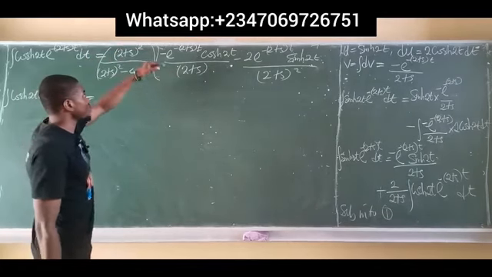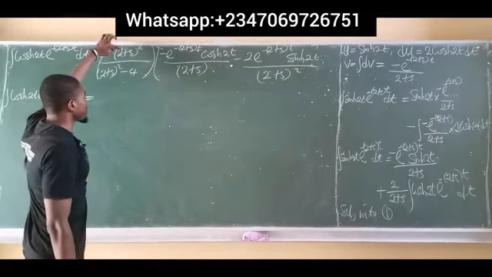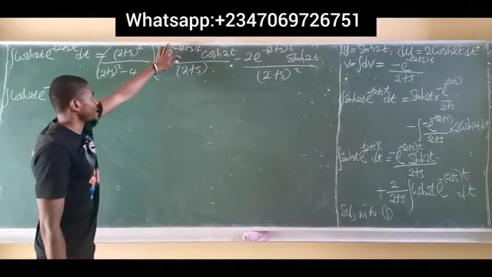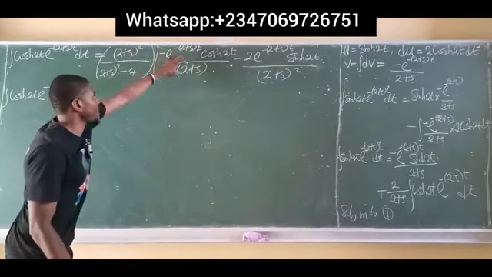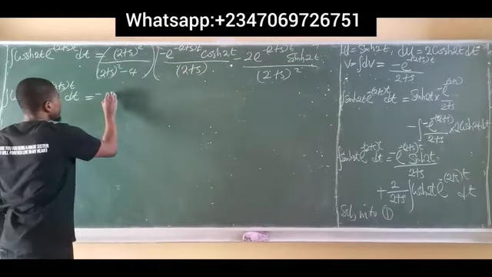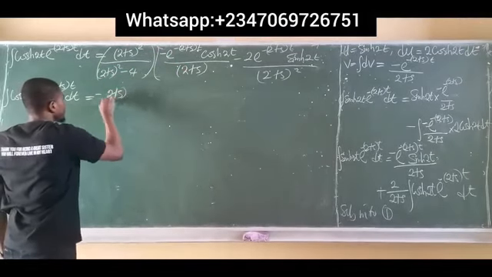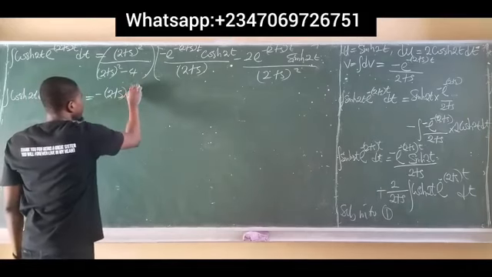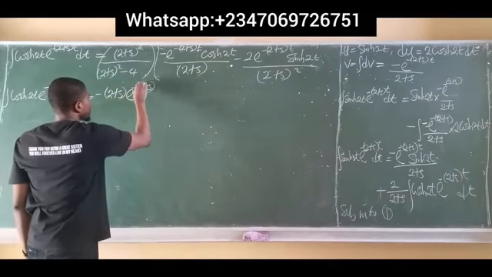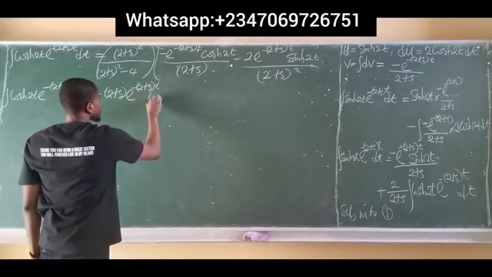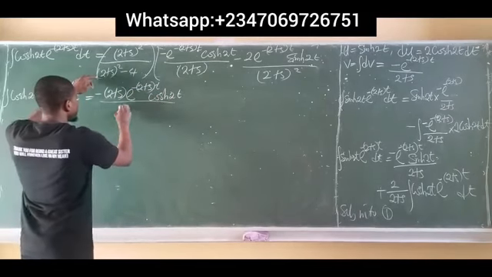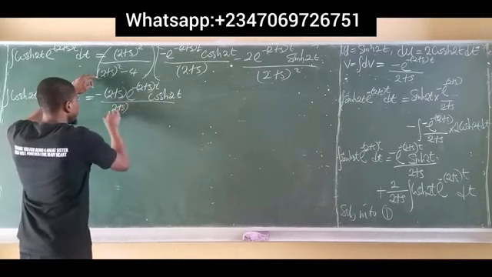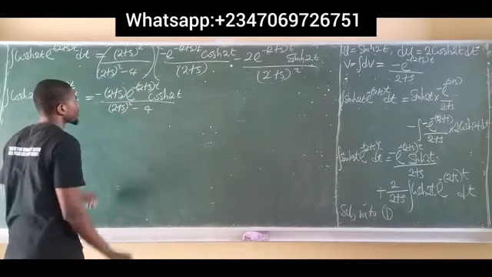That means this will cancel one of these. So at the numerator, I'm now left with (2+s) only, multiplying this term. Then the denominator remains this. So that means if this multiplies this, I'm going to have minus (2+s) multiplying e^(-(2+s)t) cosh 2t all over the denominator (2+s)^2 - 4.